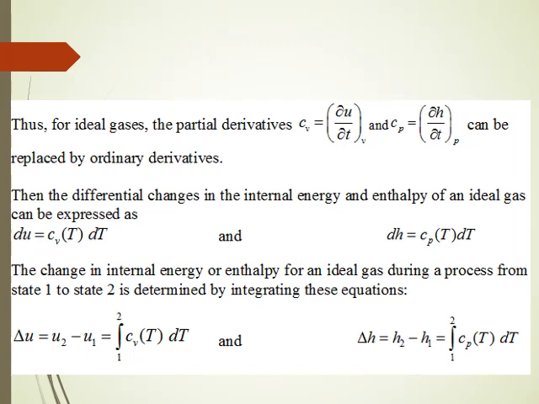So we can say that there are basically three methods to determine the internal energy and enthalpy change of ideal gases. If the tabulated U and H data are available, then one can use that, because that is the easiest and most accurate way. The second method could be using Cp or Cv relations as a function of temperature and performing the integration.